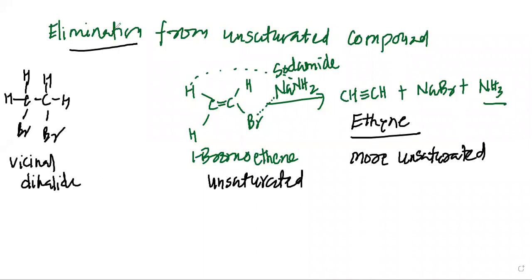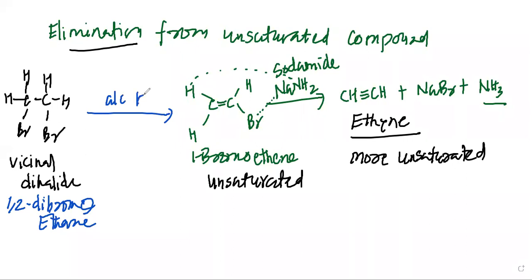It is 1,2-dibromoethane. From this 1,2-dibromoethane, if we allow it to react with alcoholic KOH, we get 1-bromoethene. Please remember that if we have a vicinal dihalide and allow it to react with alcoholic KOH, we will get 1-bromoethene. So this is an important example of this kind of reaction, my dear students.